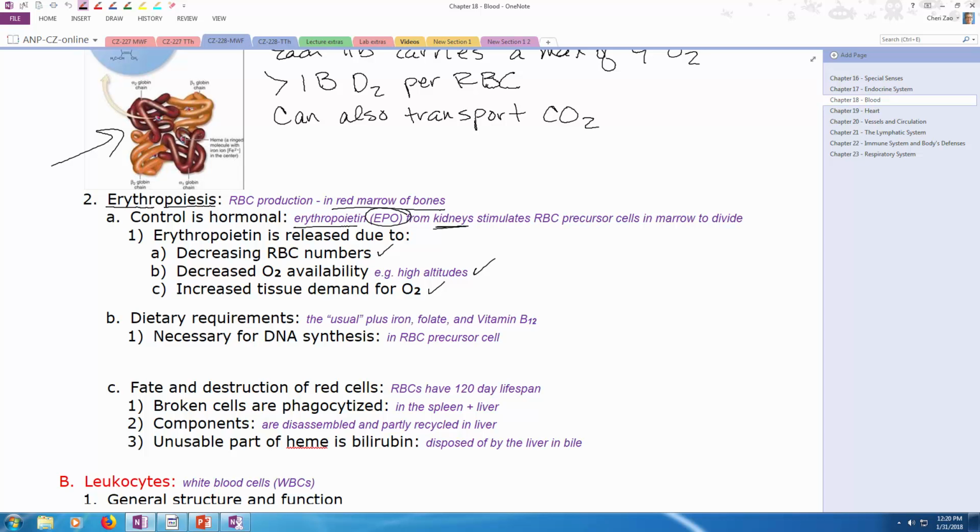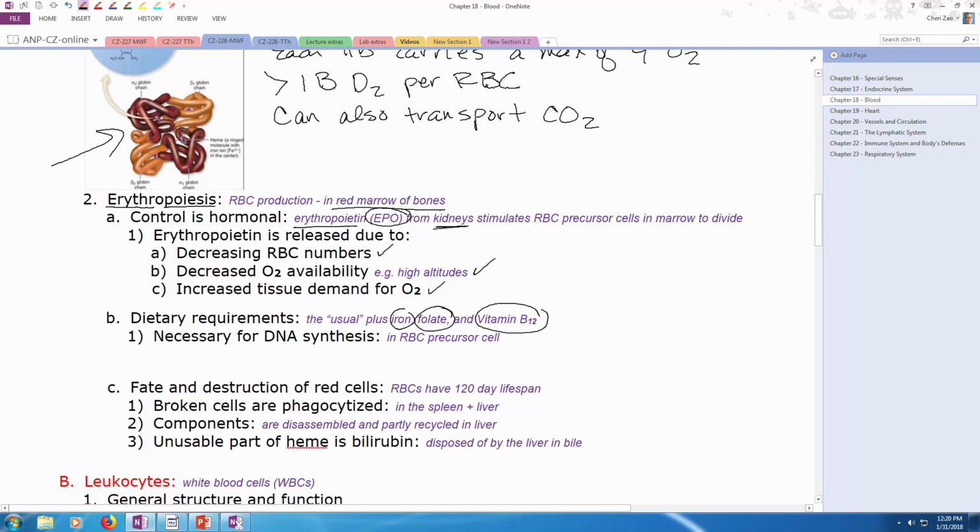Dietary requirements to make a red blood cell are the usual: it's going to have a phospholipid bilayer and cholesterol and proteins and all that kind of stuff, carbohydrates, the usual diet stuff. Plus, in addition to that, you must have iron, you must have folate, and you must have vitamin B12.